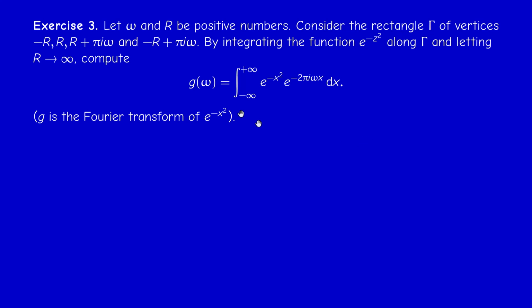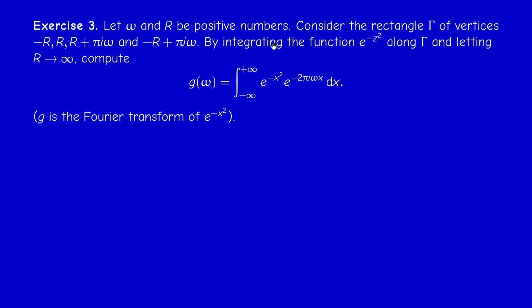So we have a rectangle of vertices minus r, r, r plus pi I omega, and minus r plus pi I omega. So you draw it.